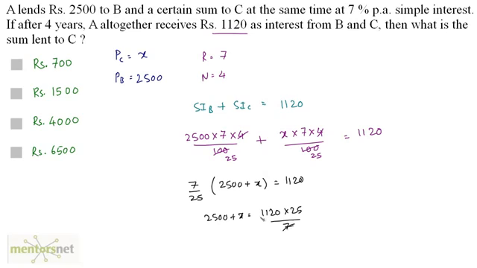And 7 times 160 is 1120. So we have 2500 plus X is equal to 160 times 25, and that is equal to 4000. So therefore X is equal to 4000 minus 2500, and that is equal to 1500. So the amount lent to C is 1500 rupees. So option D is the correct answer.